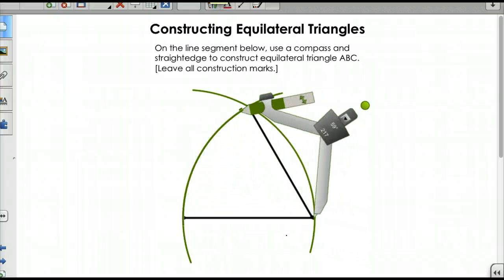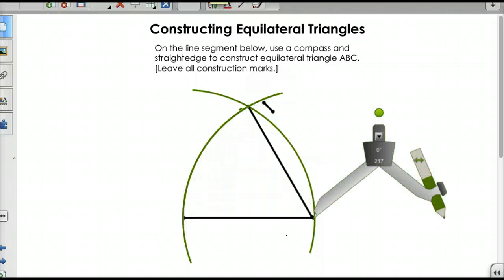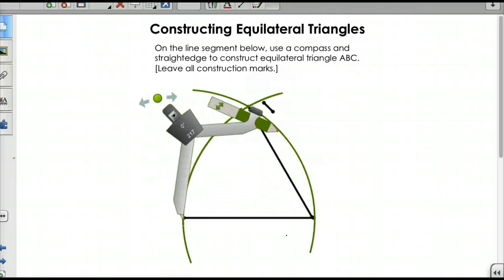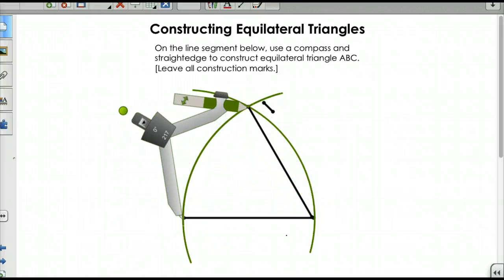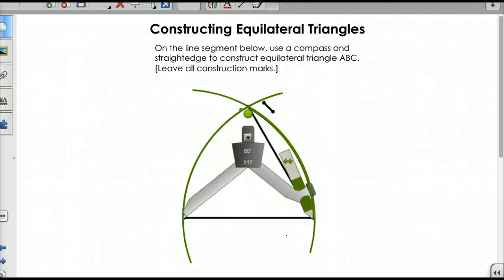These 2 lines are the same exact length. Now furthermore, this length also is the same length as this length as well.